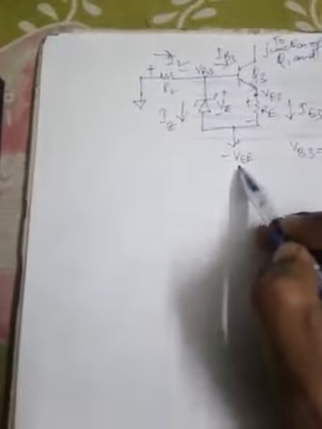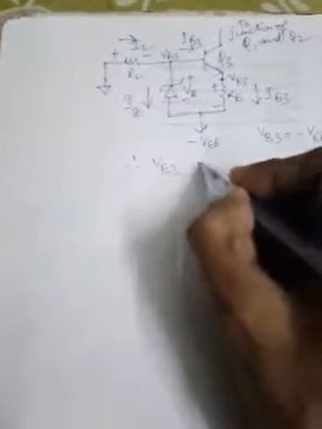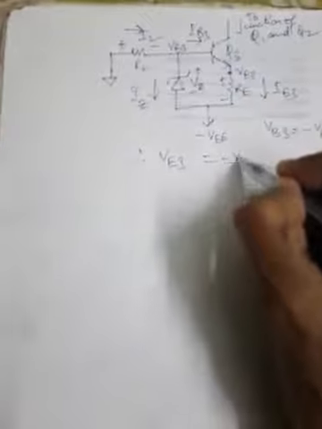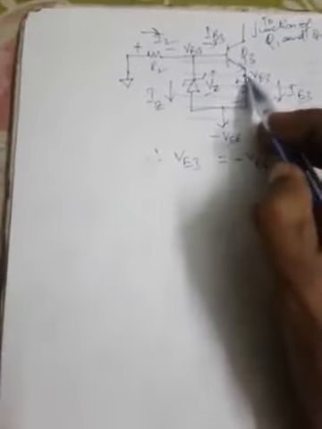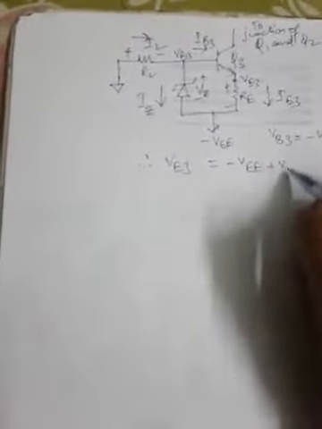If we consider this path, there is one voltage, minus VEE, and another, Vz, which is opposite in polarity. So VB3 is minus VEE plus Vz. These two voltages are added up to be provided at the input of the base of Q3. Then the voltage at the emitter will be VE3, and that is given by minus VEE plus Vz minus VBE3.